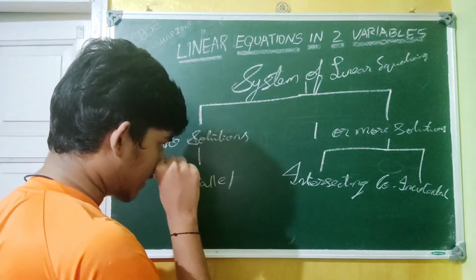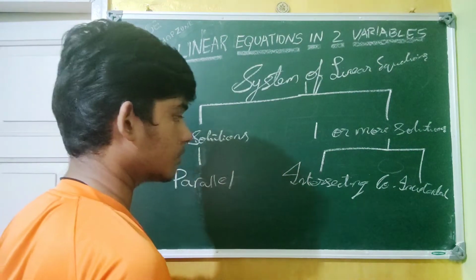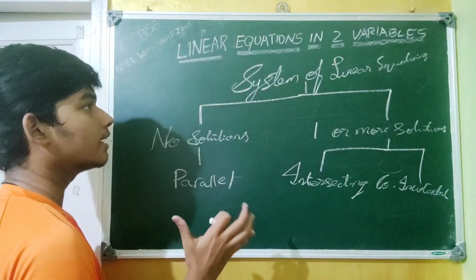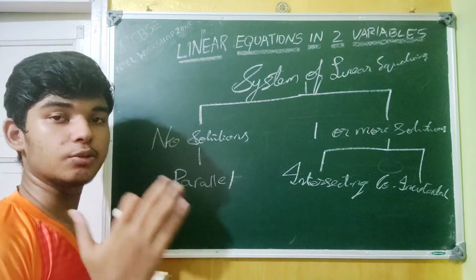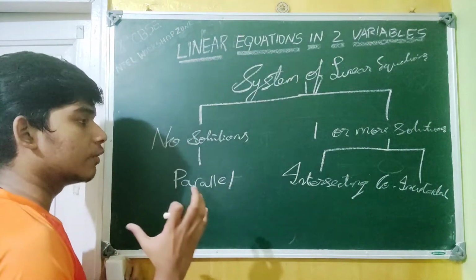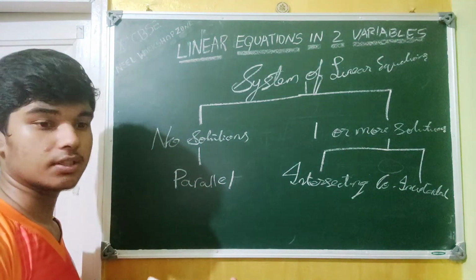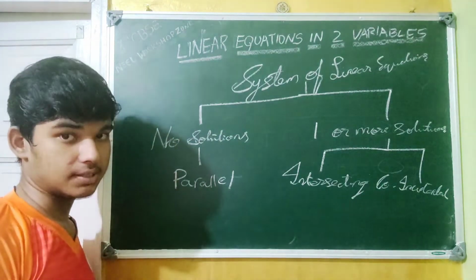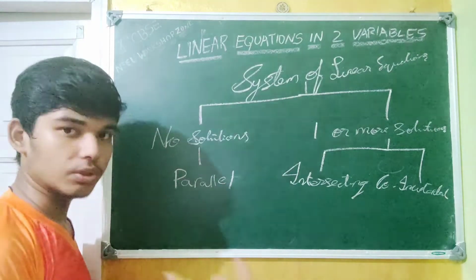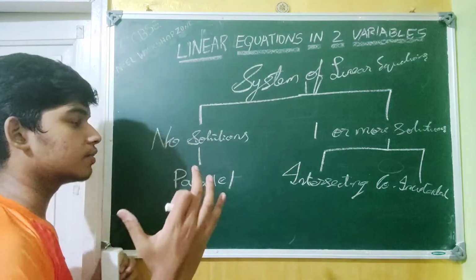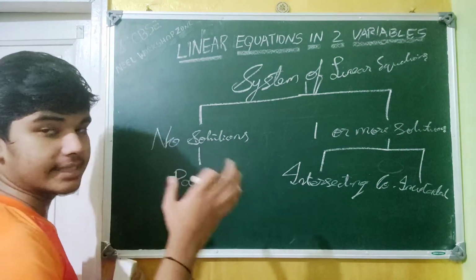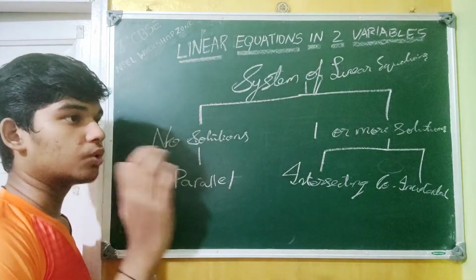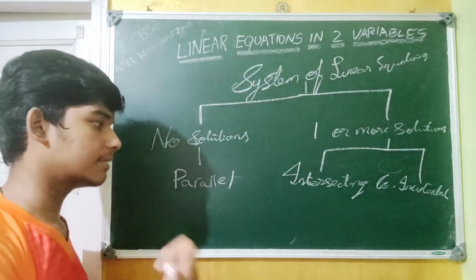Anyways, like I was saying, one or more solutions are intersecting or coincidental, and for parallel, we can say that two linear equations are parallel when none of the solutions match, or both of them don't have any solutions in common. For example, when I have two linear equations both with the values of x and y, and these linear equations do not have the same values that leave them equal to 0.